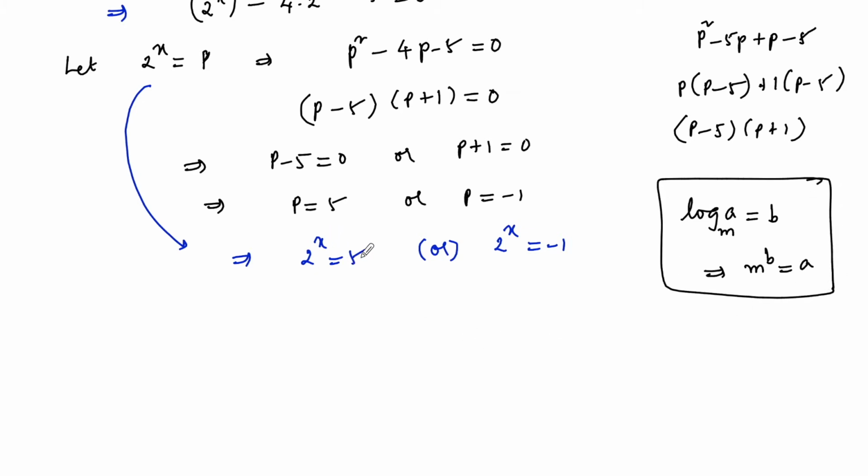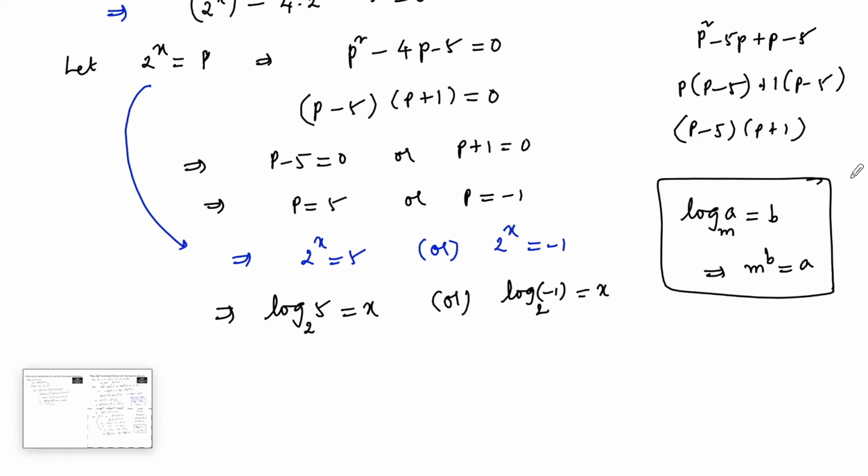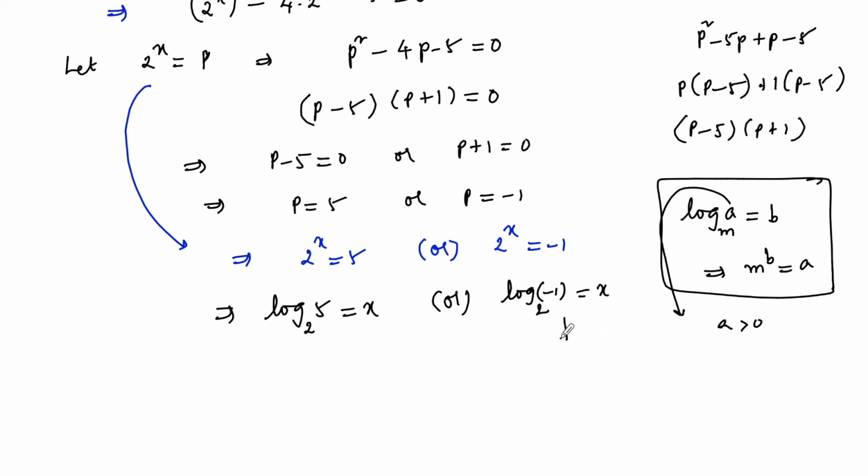So 2 power x is equal to 5, we can write it as log 5 to the base 2 is equal to x, and here we can write log the base is 2 and negative 1 which is equal to x, but this is not possible because as per the condition, the log a to the base must be positive above 0, so this is not possible.